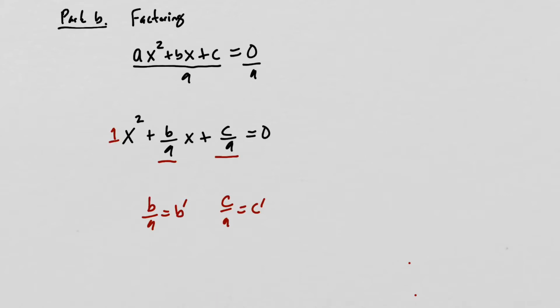Which means we can assume our quadratic equations are of the form x squared plus b prime x plus c prime is equal to 0. By abuse of notation, that means we can always think of these quadratic equations as having a leading coefficient of 1.